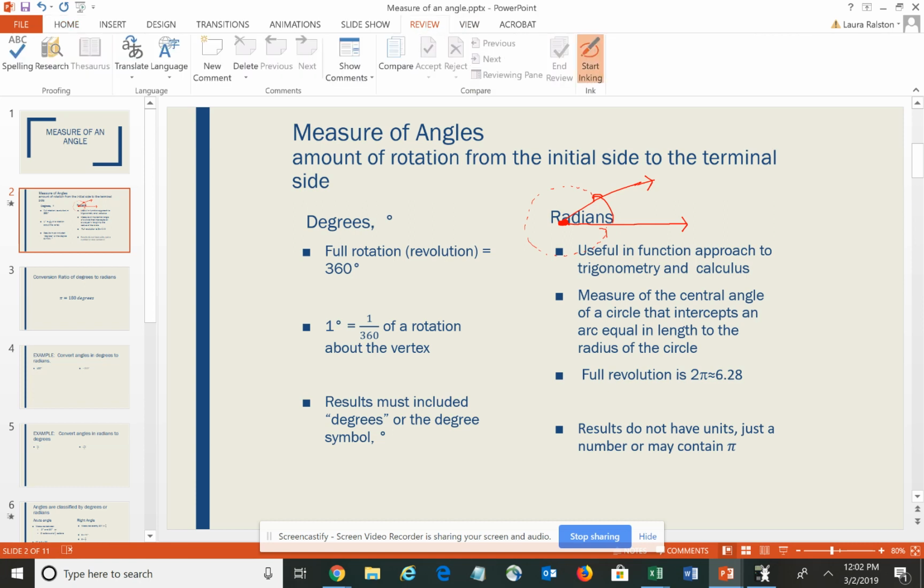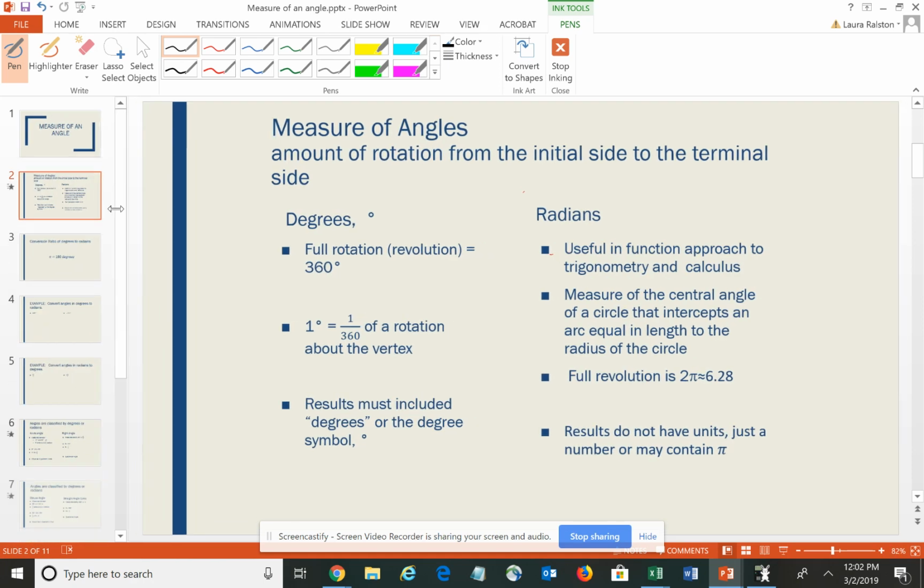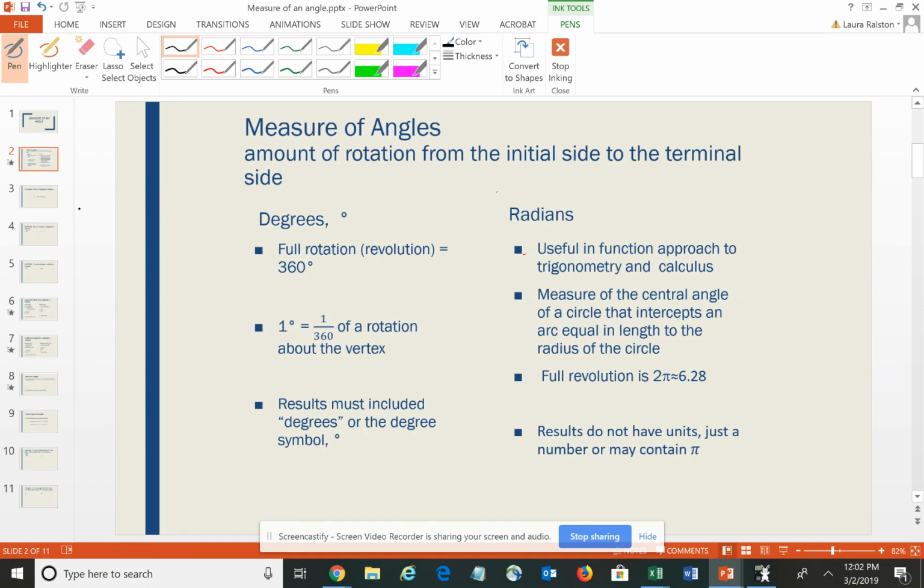Now, another measure that's used commonly within trigonometry and also within calculus is the radian measure. Let me erase this so you can see the word. Radians are used a lot in the functional approach to trigonometry. They're used a great deal in calculus because sometimes dealing with radians is much easier than dealing with degrees.